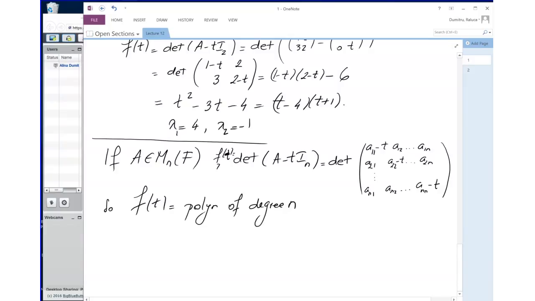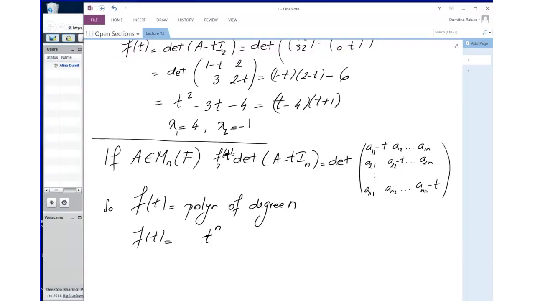What is the leading coefficient of that polynomial? So the coefficient of t to the power n. Well, imagine how that determinant is computed.